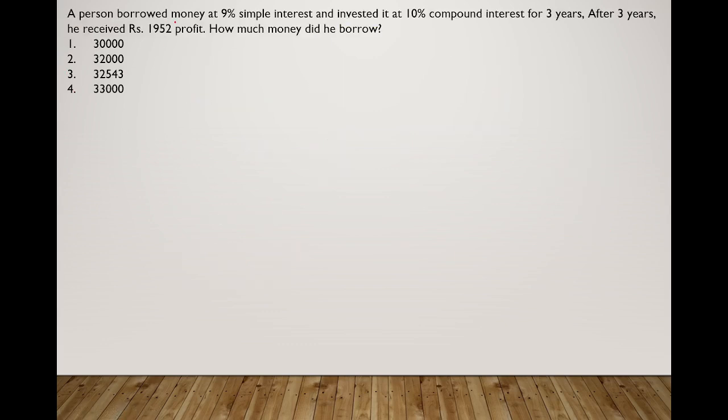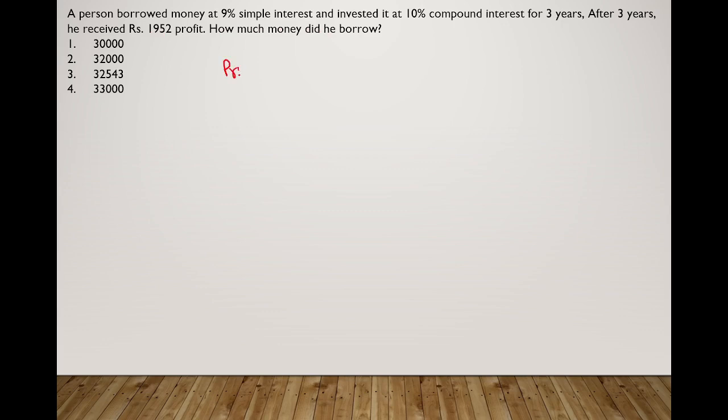A person borrowed money at 9% simple interest and invested it at 10% compound interest for 3 years. After 3 years, he received 1952 profit. How much money did he borrow?